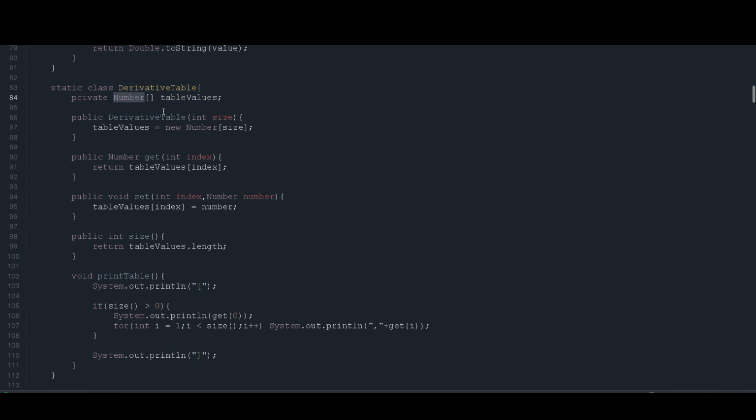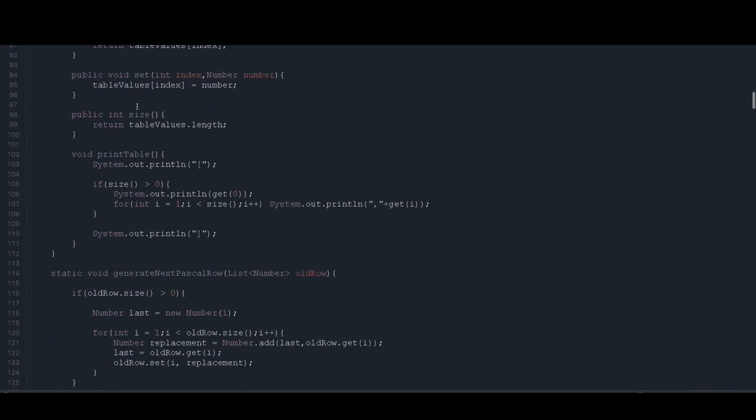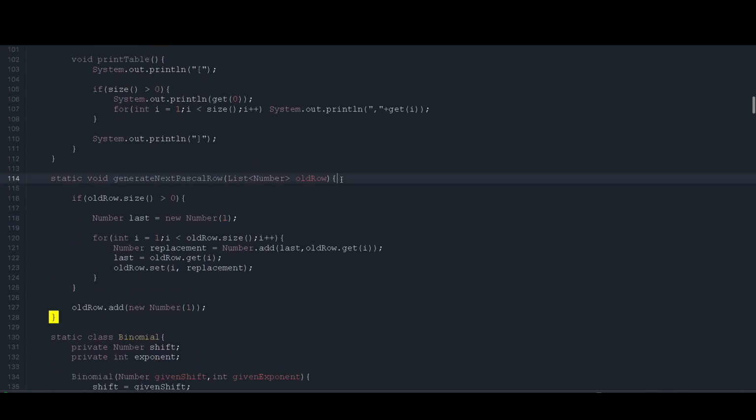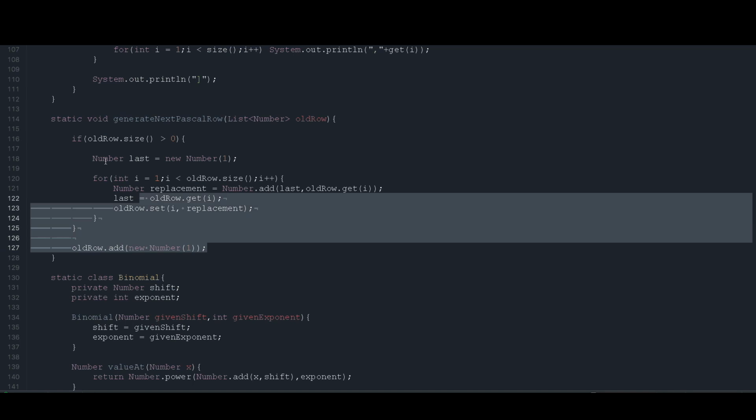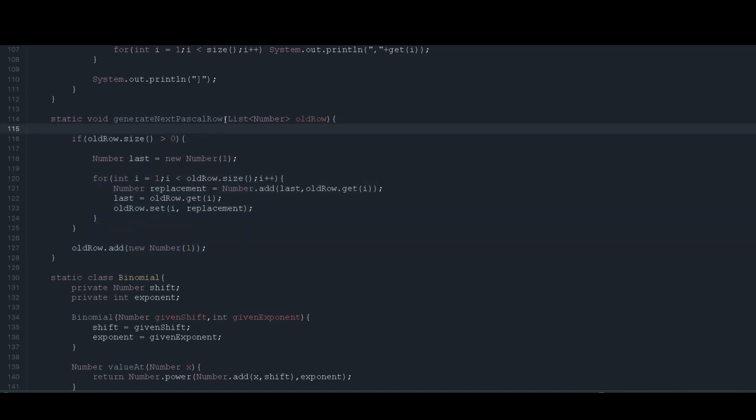So it holds numbers, it doesn't hold an expression or anything. This generate Pascal row, you give it the current row, and then it'll basically modify this original list to generate the next Pascal row. So initially it's an empty list, and then it just keeps adding the next row. The reason why I don't use the choose function is because this is a little bit faster.